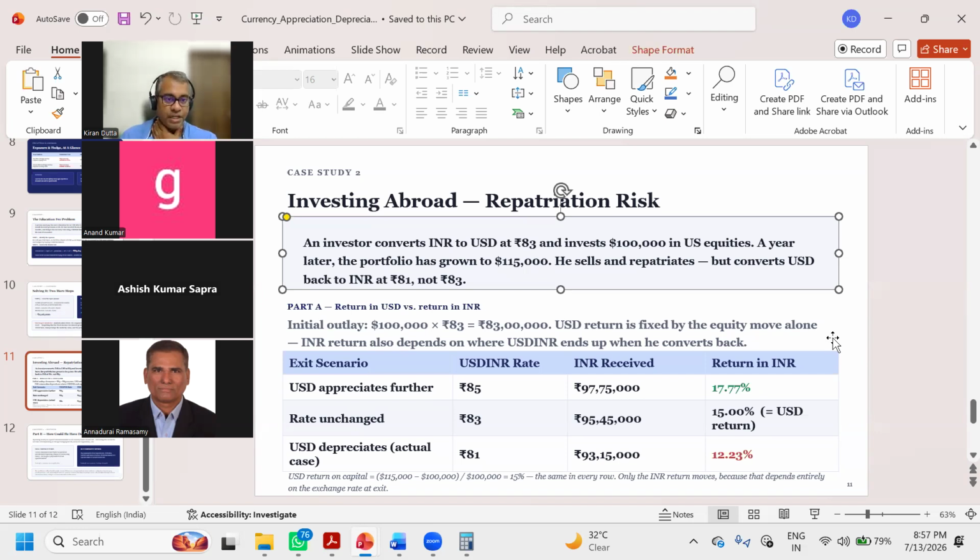A year later, the portfolio has grown to $150,000. He sells and repatriates, but converts the USD back to INR at 81 and not at 83. So how much is the money that he is bringing back to the country?